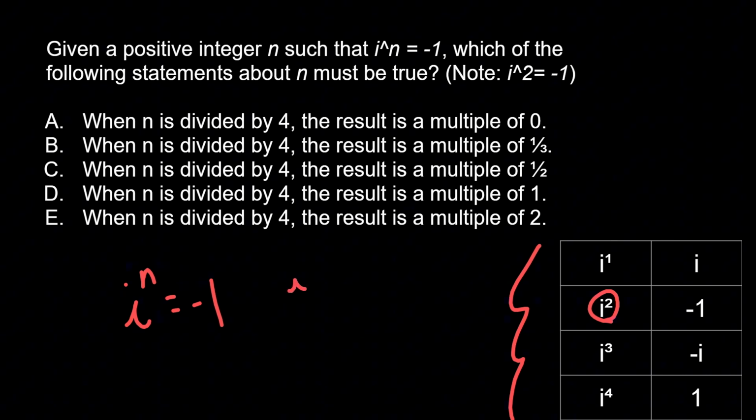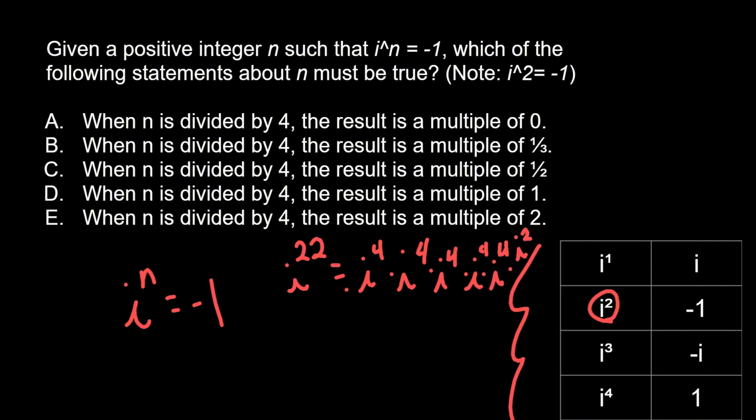If we were to take something like, to show you an example, i to the 22nd power, we can split this up into a bunch of i to the fourth, because i to the fourth is just 1. We can split this into i to the fourth times i to the fourth times i to the fourth, times i to the fourth times i squared.